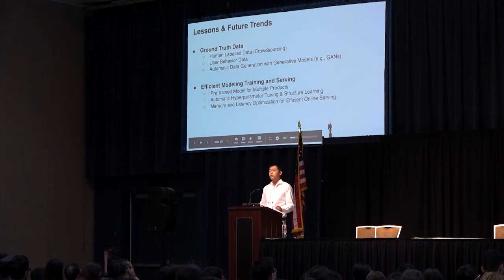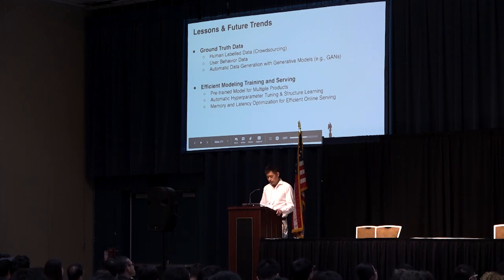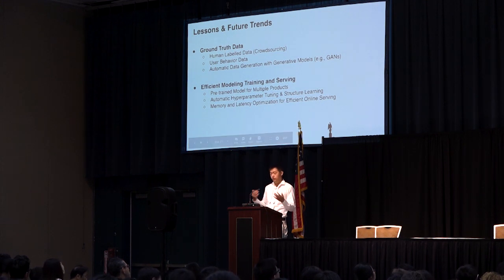I want to start with data. Data is very important. At LinkedIn, we use human label data, user behavior data, and a lot of different data. We also talked about automatic data generation using GAN, so that training and prediction phases become more consistent, which is all great.